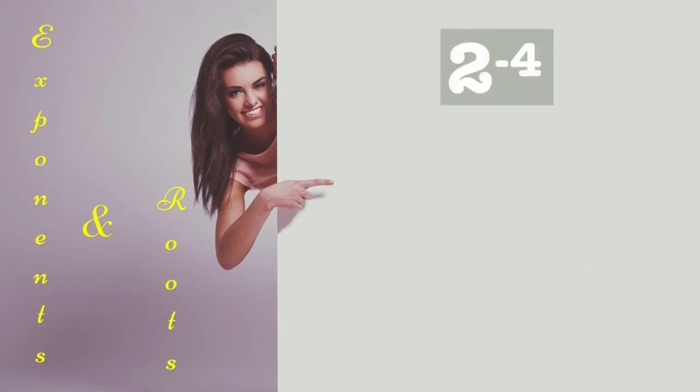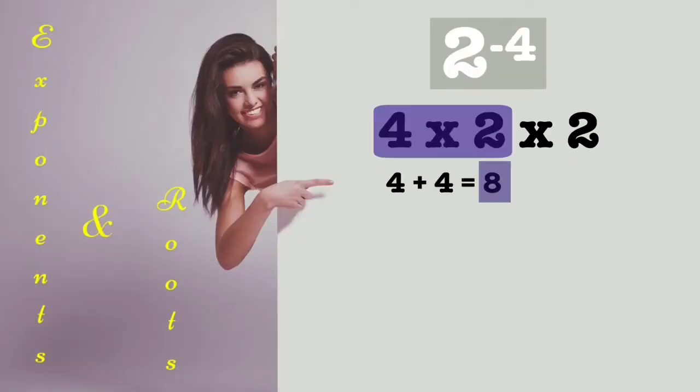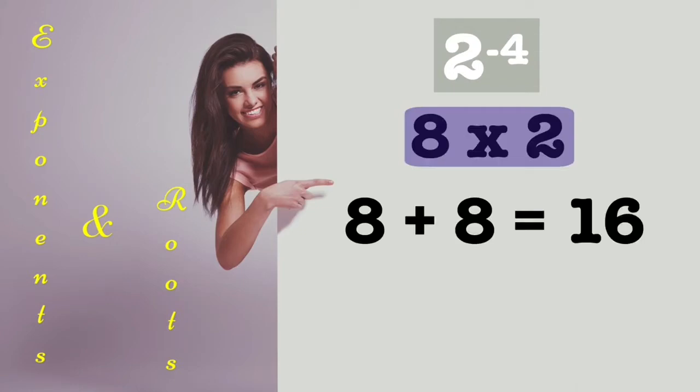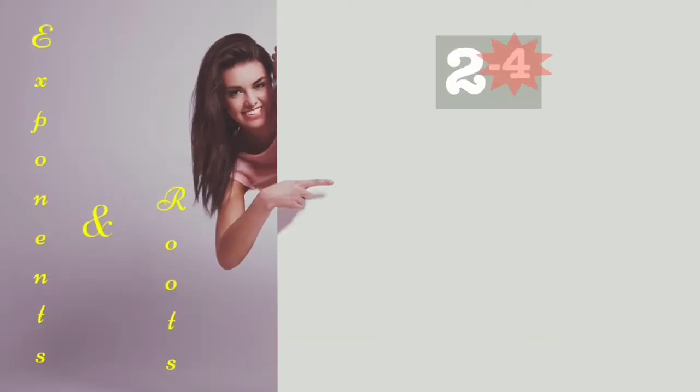2 to the power of -4. To begin, let's determine what 2 to the power of 4 is. First, we need to multiply the number 2 4 times. But remember, we have a negative exponent, which means we need to take the inverse of 16, which is 1 divided by 16.